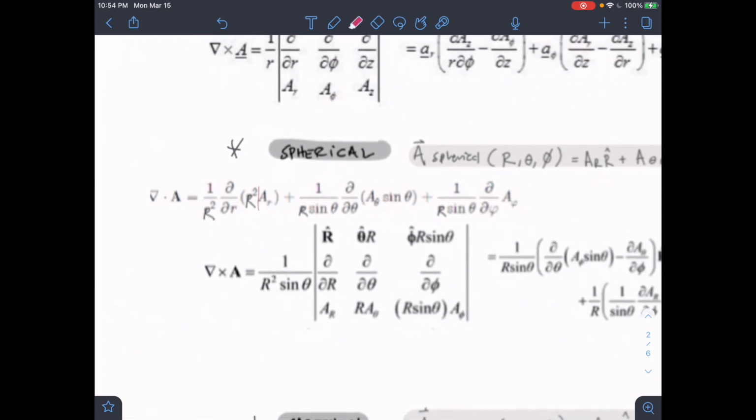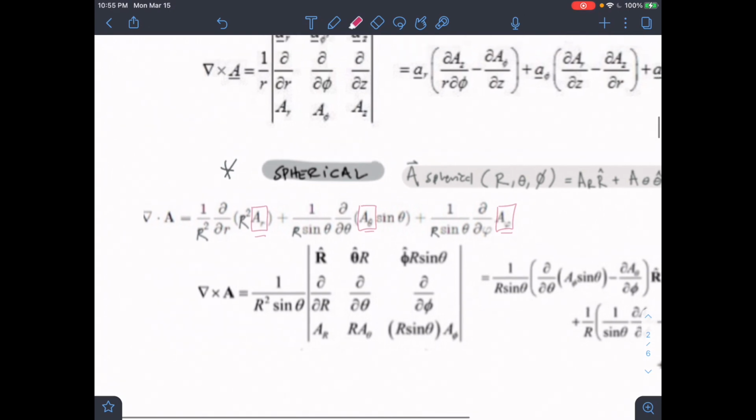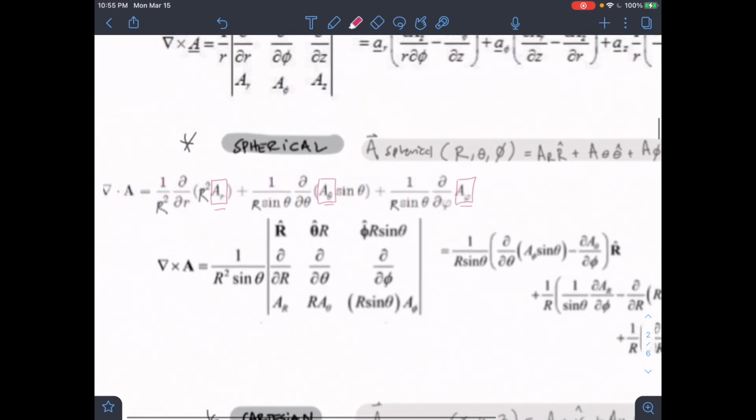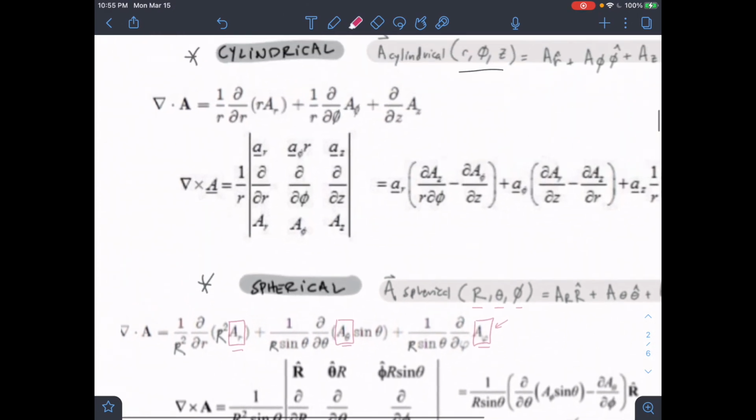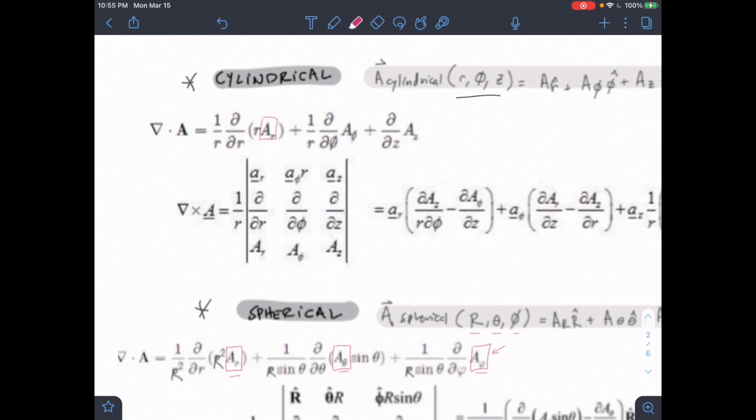If we take a look here, these pieces are the magnitudes in the r hat, theta hat, and phi hat directions. So just the magnitude. If you have a vector, this would just be the number in each of those directions. And then for cylindrical, if we look up here, this is going to be the same: the magnitude in the r, theta, and z directions.